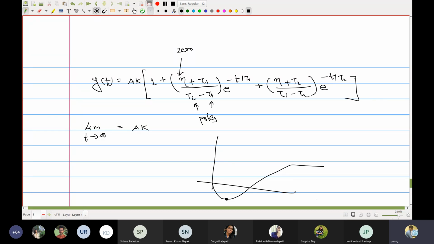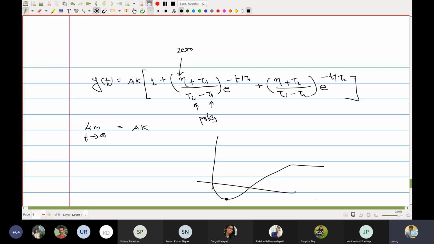So from the dynamics of the systems in transform domain, what do we conclude? The first thing that we conclude is that the transfer function is a very important quantity to have an idea about the dynamics of a system.